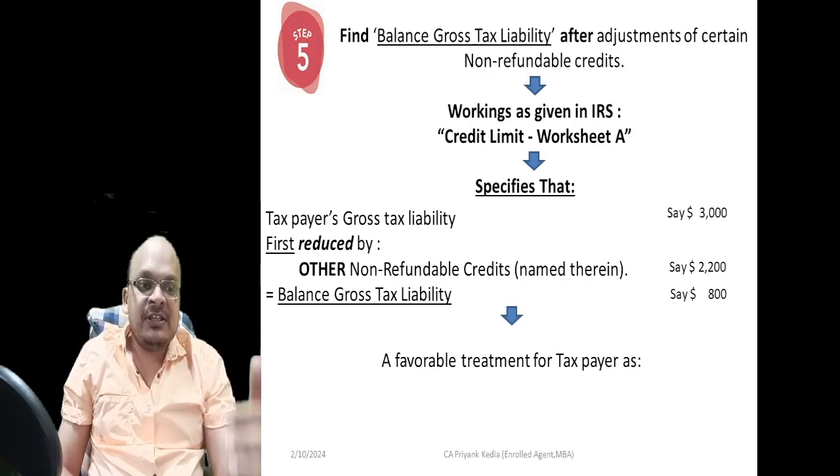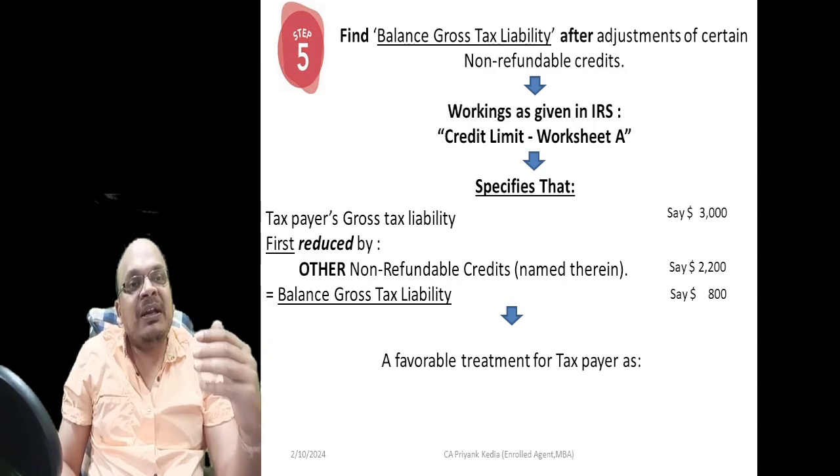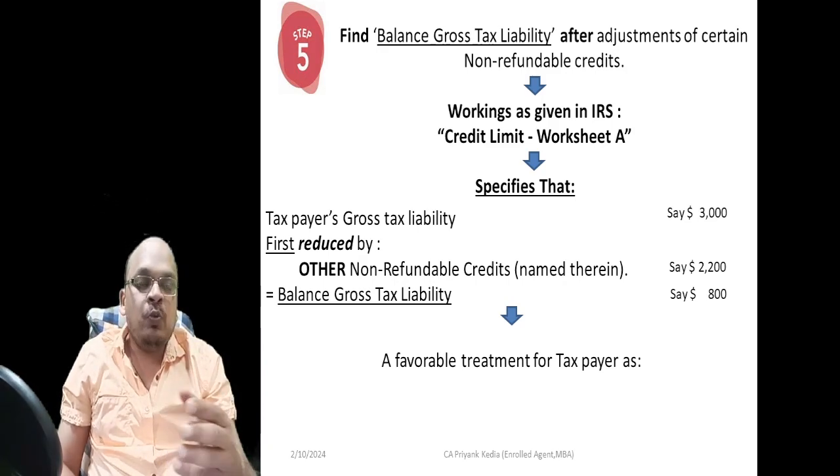Now you can yourself see that in case this calculation was not given by IRS, what would have happened is that the taxpayer might have utilized the complete $2,000 for reducing this $3,000. So all his child tax credit might have been used up, so he won't be having any kind of other balance for refund, right?